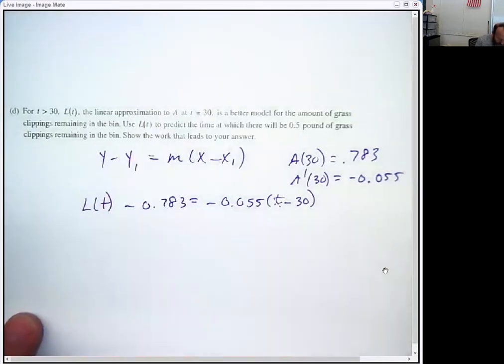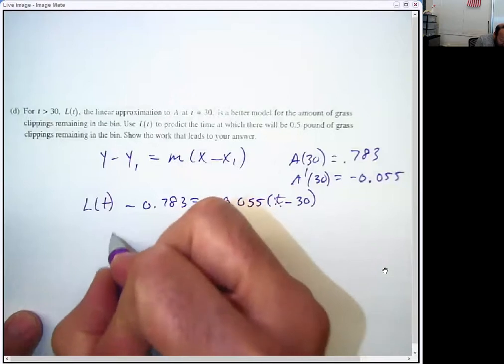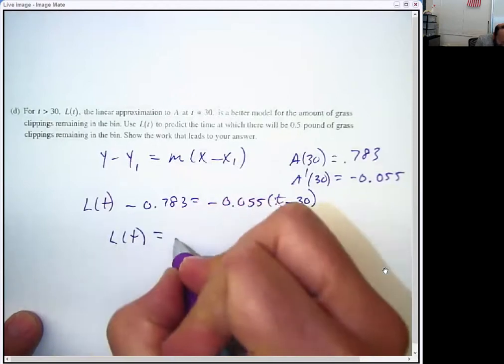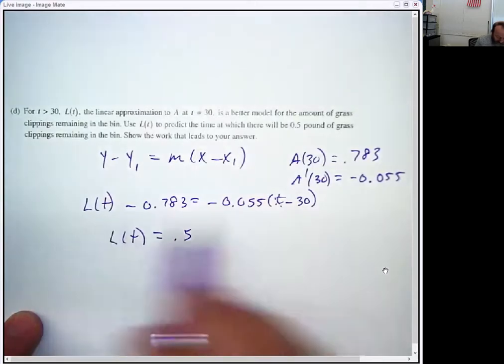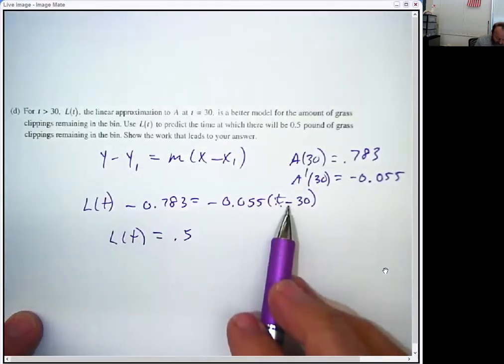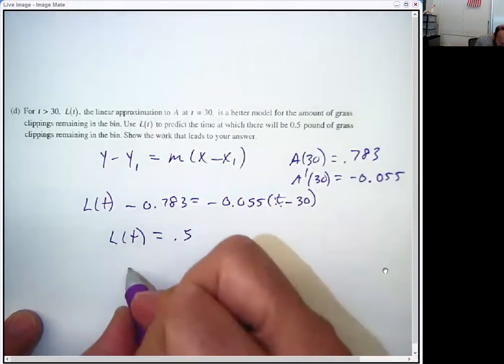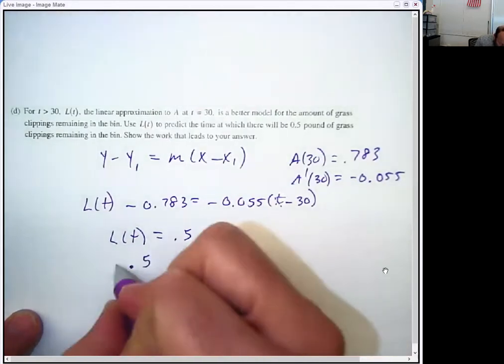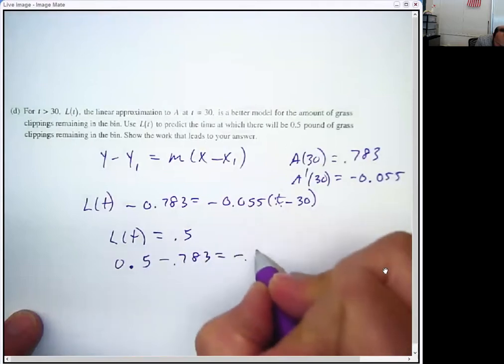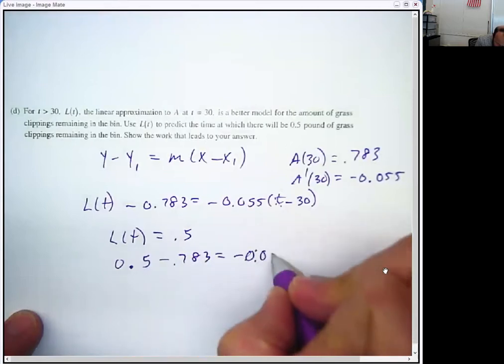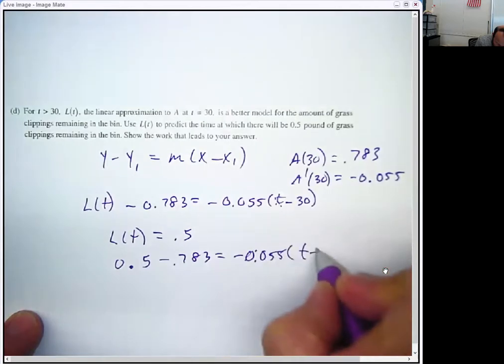And then the last little part is they're asking if L of t equals 0.5, then I want to go ahead and set L of t equal to 0.5 and go over here and solve for t. And that's actually a fairly simple little thing to do. So I've got 0.5 minus 0.783 equals negative 0.055 times t minus 30.